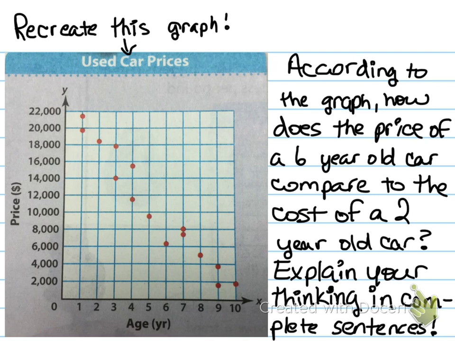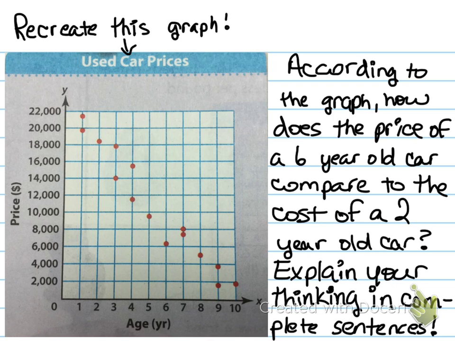So if you look at this graph, you'll notice that when a car is 1 year old, it's up in the $20,000 to $22,000 range. Whereas if you look at a car that's 10 years old, it might be down in the less than $2,000. So the question here is, according to the graph, how does the price of a 6-year-old car compare to the cost of a 2-year-old car?